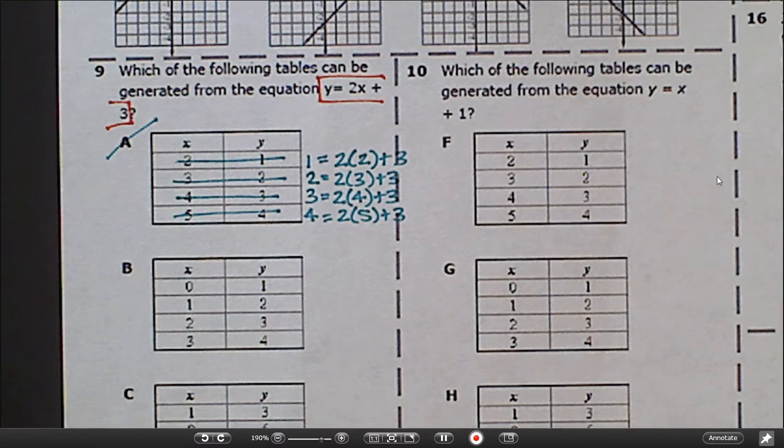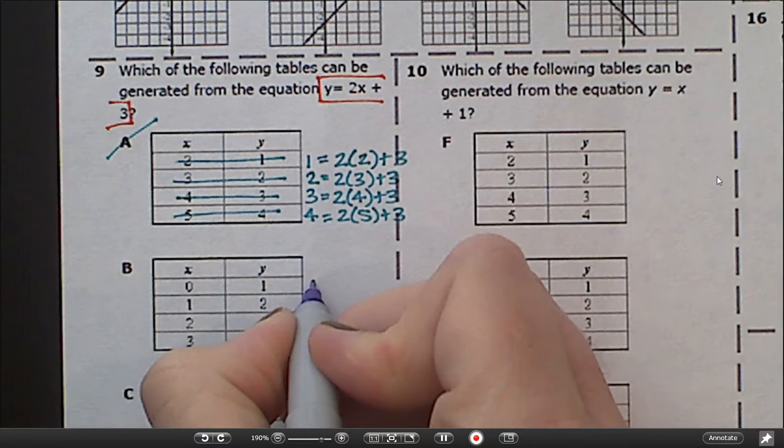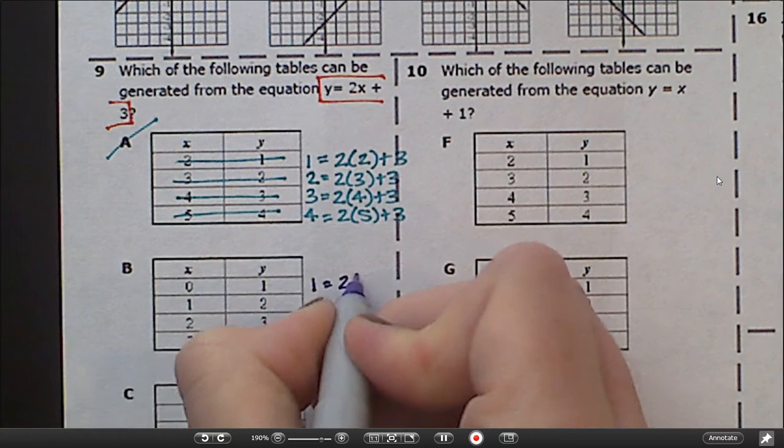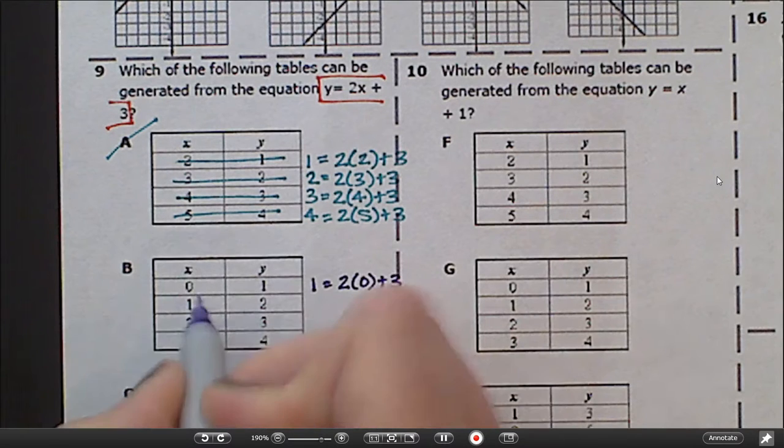Let's look at B. Same equation, so y is 1. 1 equals 2 times 0 plus 3. 2 times 0 is 0. Plus 3 is 3, so that's not going to work.